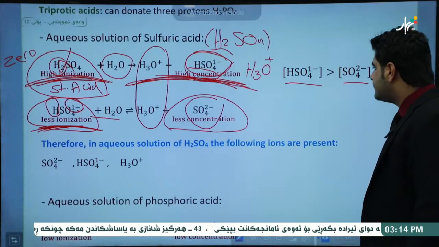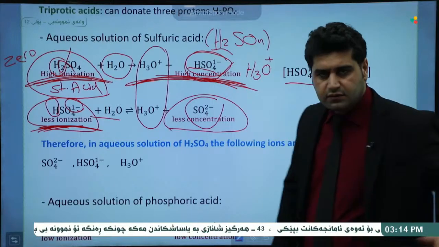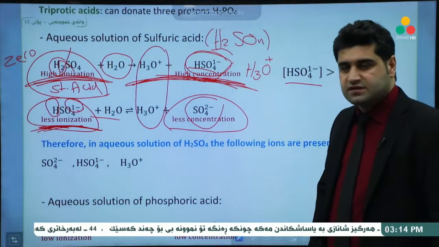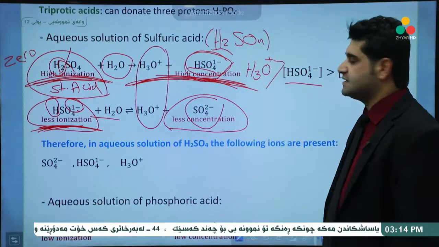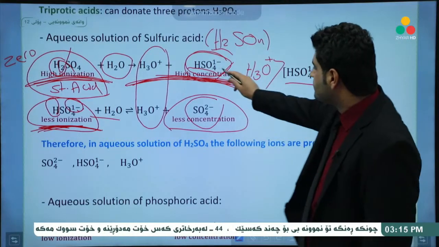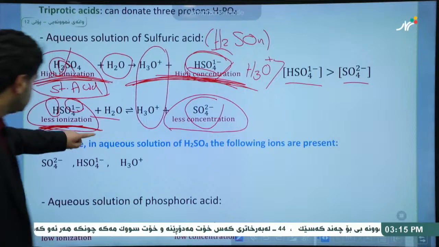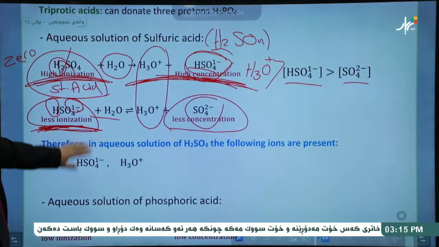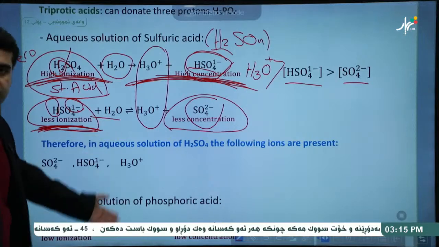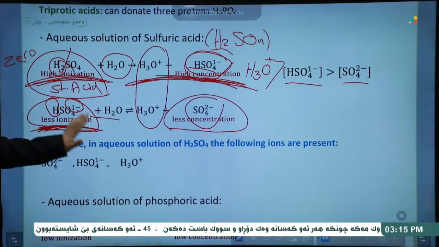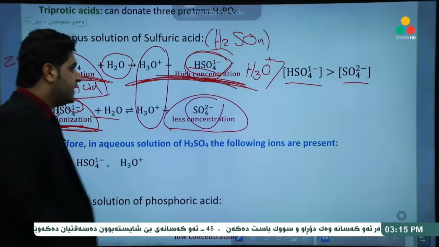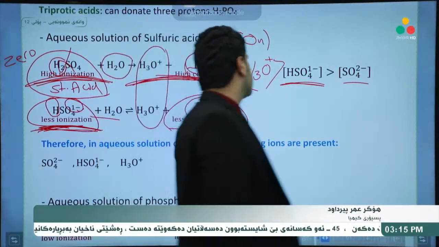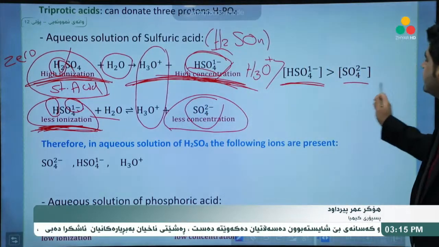Now, let's arrange them according to decreasing concentration. We get H3O in both steps, so it has the maximum concentration. After that, the reactant of the second step, then the reactant of the third step. We don't have a fourth. So HSO4 has more concentration than SO4.